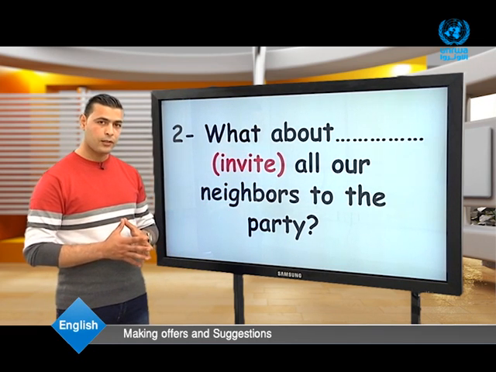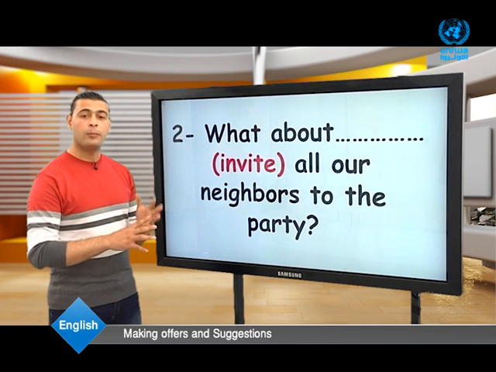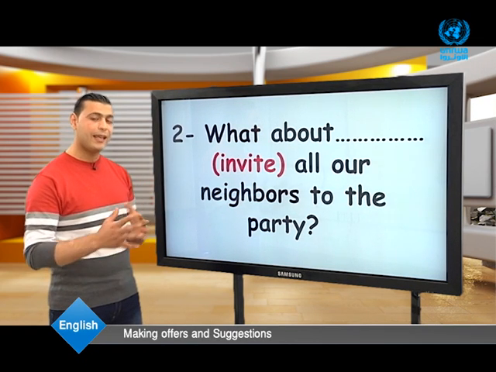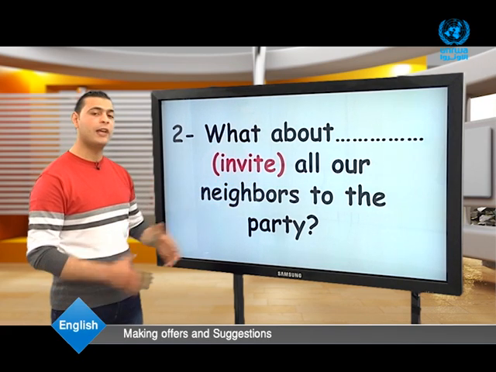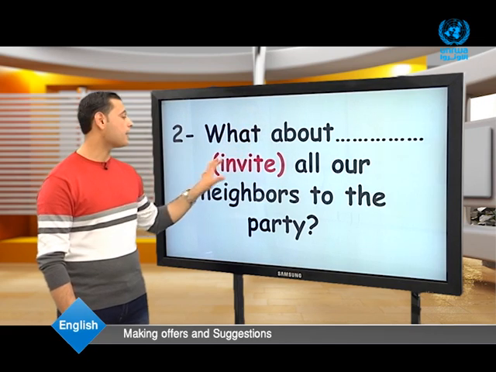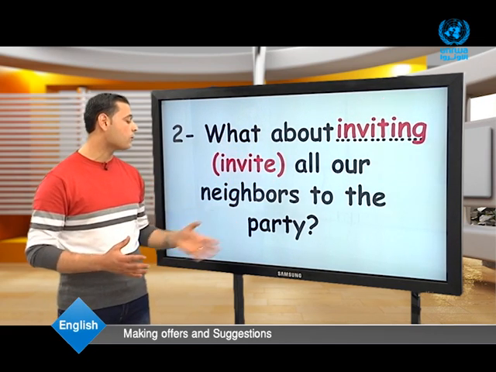Dear students, we handled two forms of what about and how about in making suggestions. What about plus a gerund and how about plus a gerund. And we said that a gerund is the verb plus the ing form. So, what about inviting all our neighbors to the party?